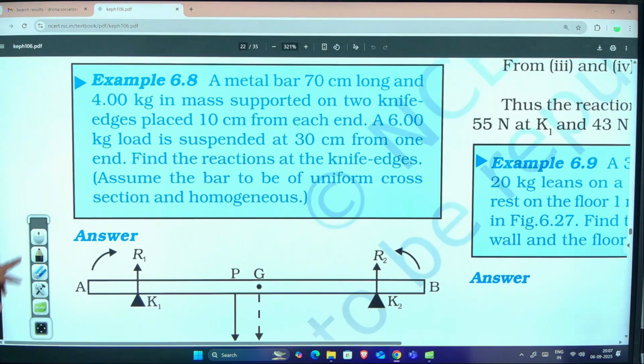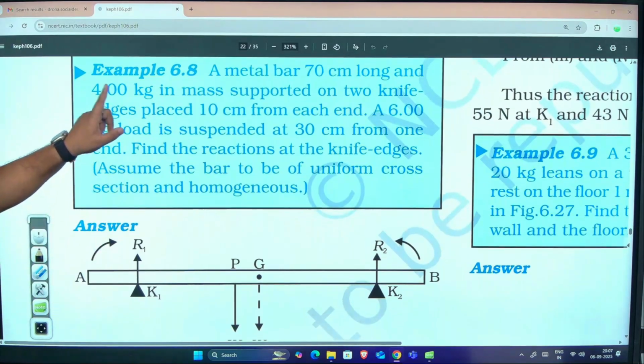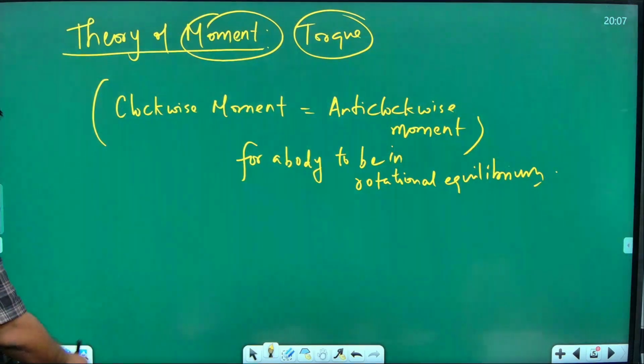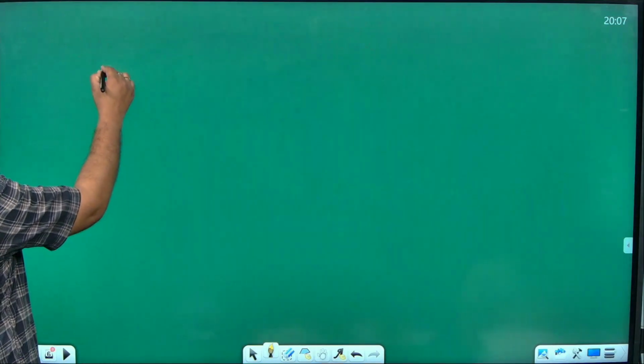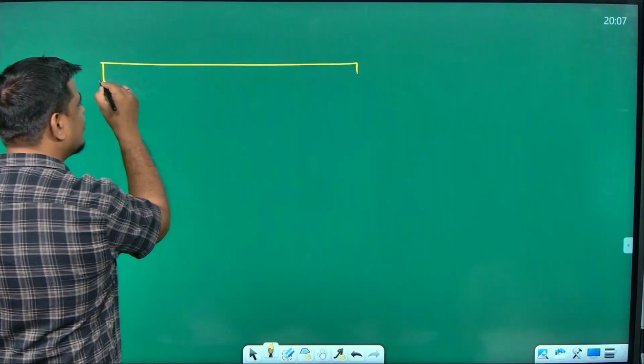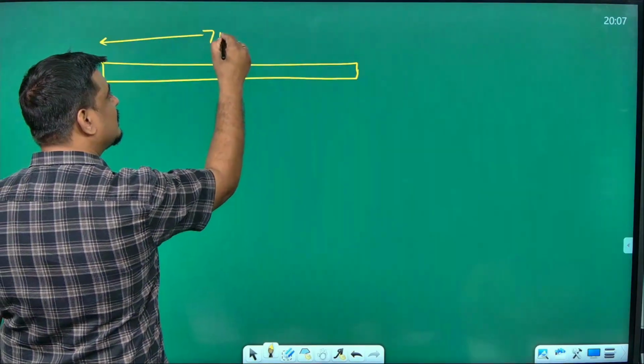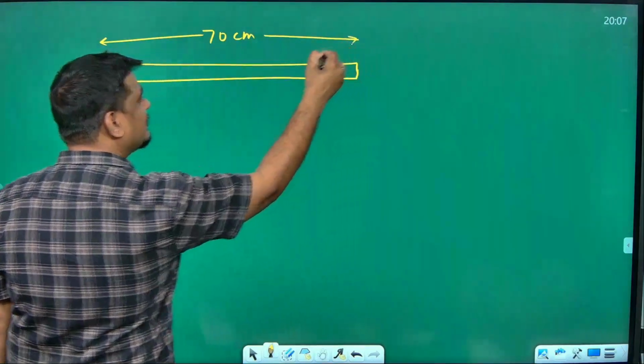So let us draw the diagram calmly. They have given the diagram also, by the way. A metal bar 70 centimeter long and 4 kg in mass. So I am drawing it over here. There is a metal bar. How much long did they tell? 70 centimeter long. And what is the mass of it? 4 kg.